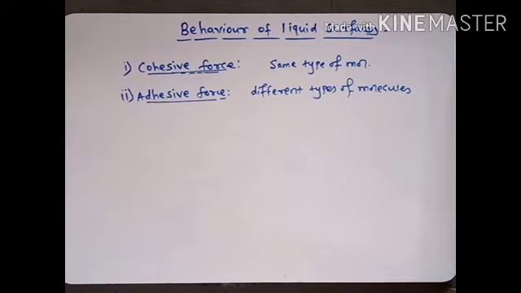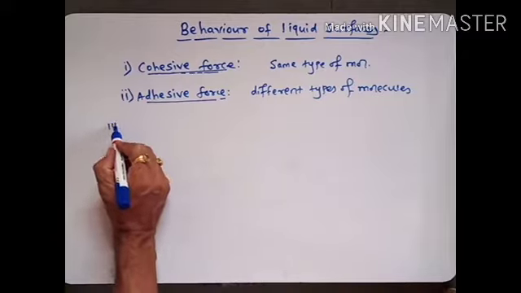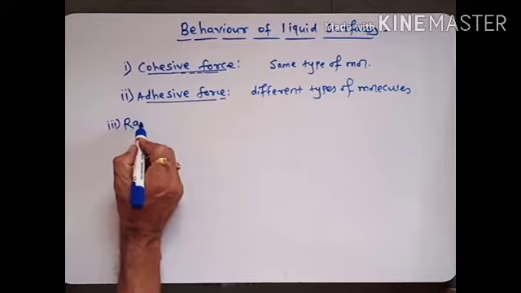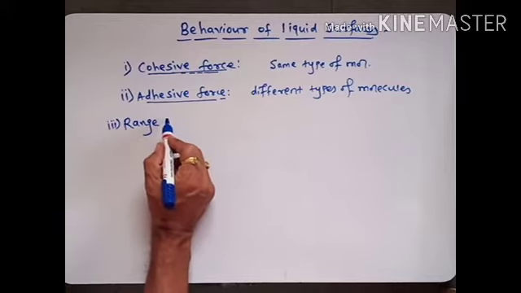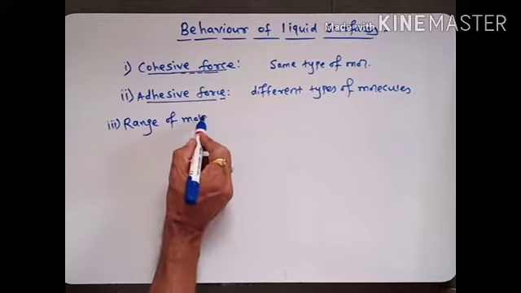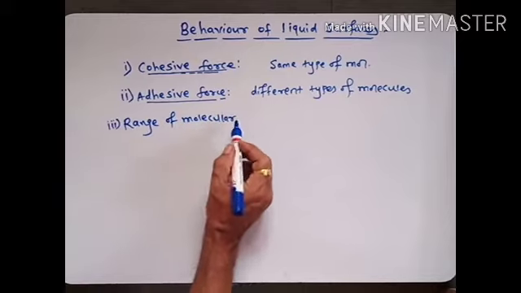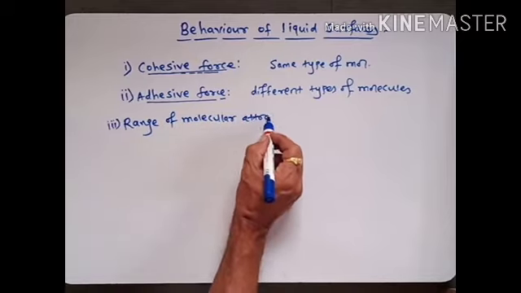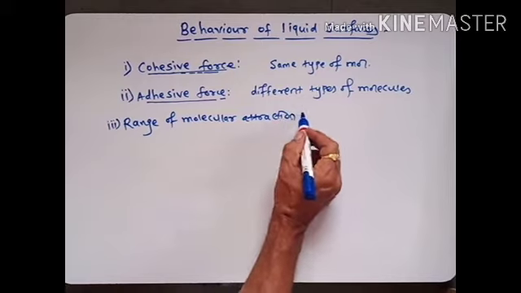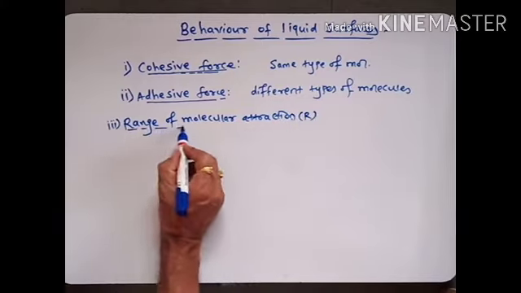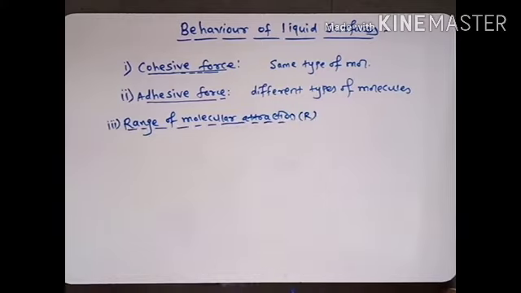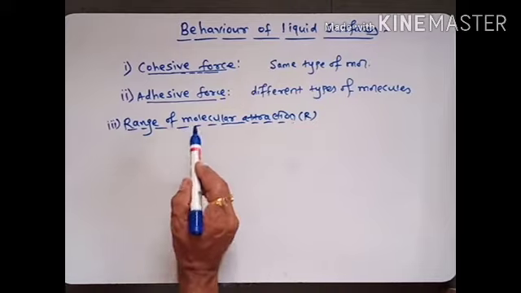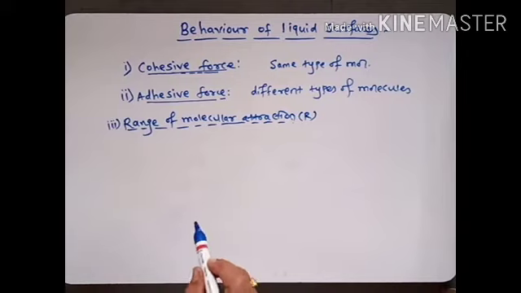Now we will consider another definition, the third definition: range of molecular attraction. We denote it by R. This is the maximum distance around the molecule up to which intermolecular forces are effective.